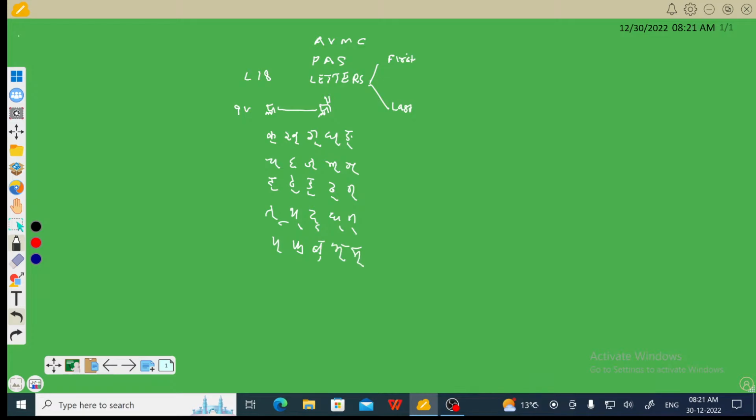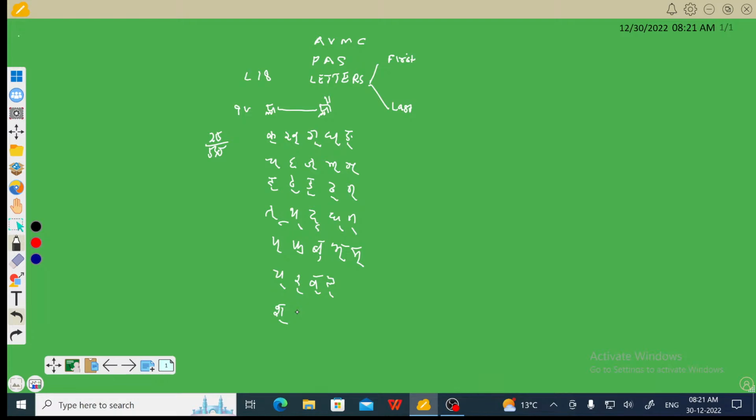These are the 25 Varga consonants, 5 cross 5. Then we have the quadruple Anthastha letters, and the quadruple Ushmana letters.